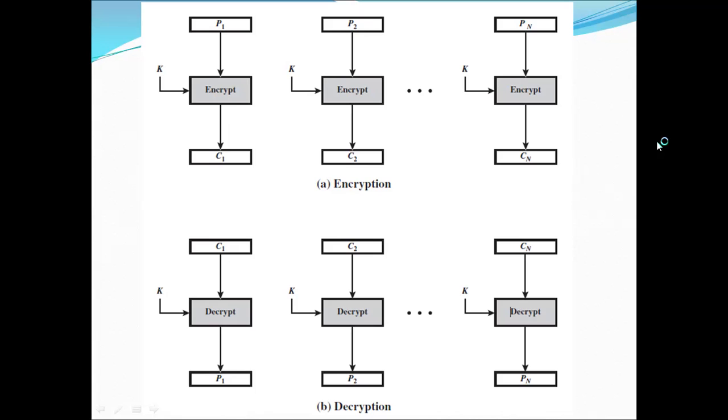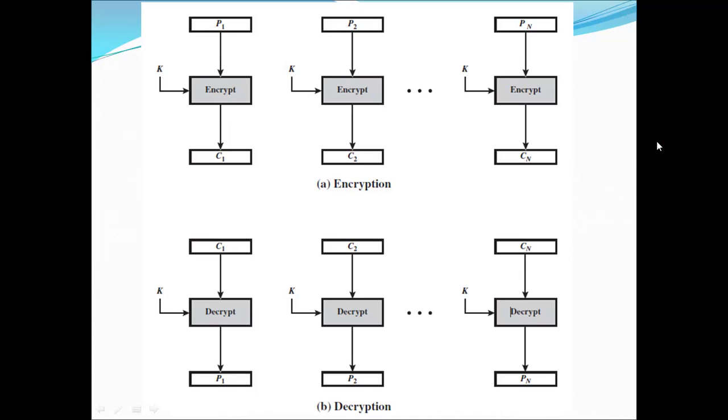Then the same encryption algorithm this time takes the same key but a different plain text block as input and produces a unique ciphertext C2. This has to be repeated till the last block is processed by the encryption algorithm.